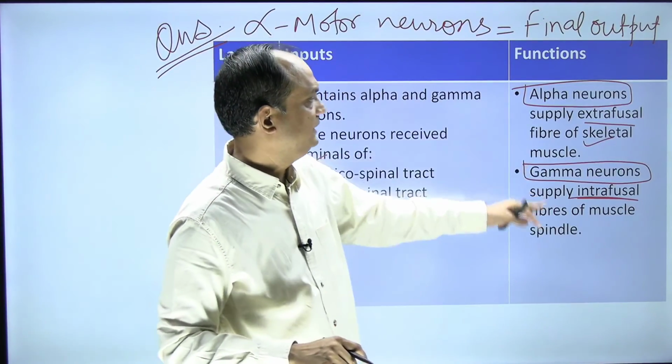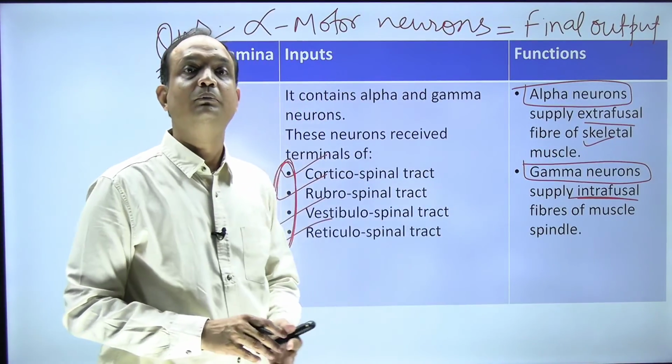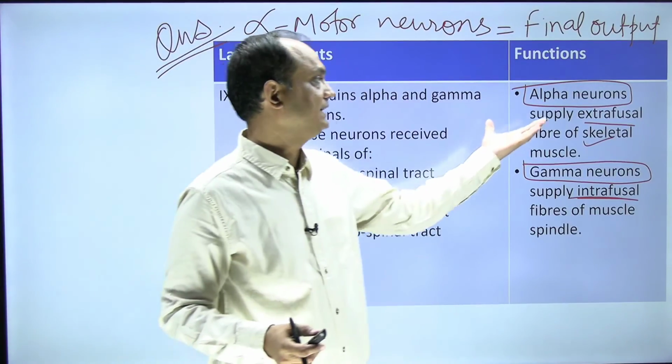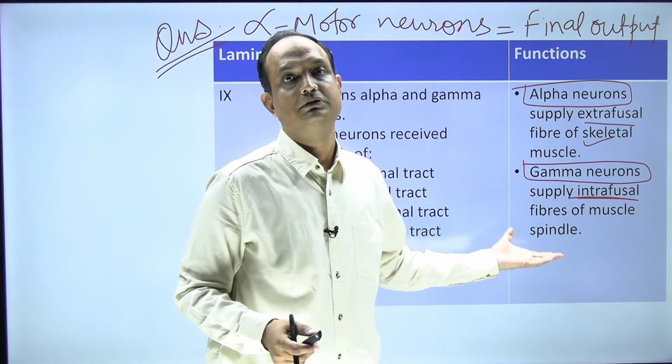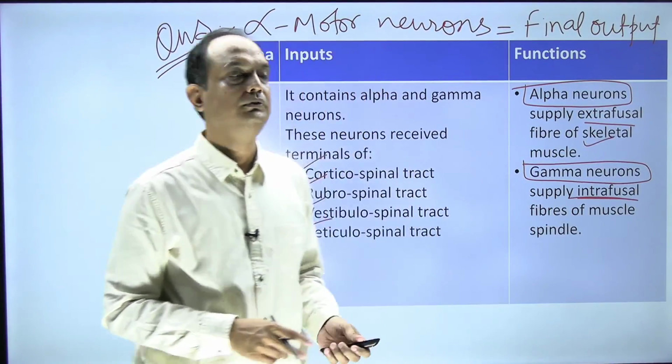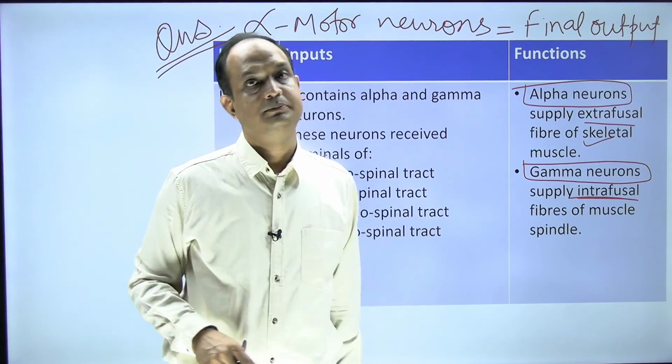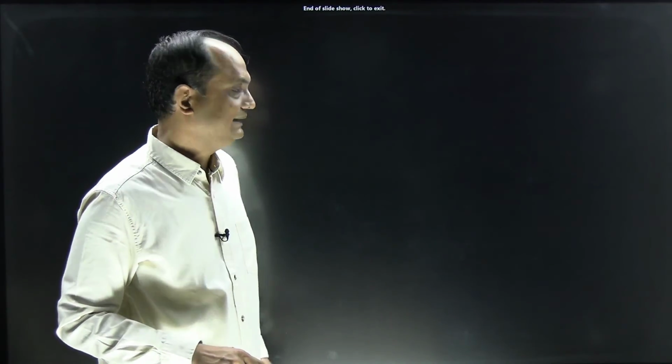This question has been asked so many times: alpha motor neuron supplies which part? Answer is extrafusal. And gamma motor neuron supplies which part? Answer is intrafusal fibers of the muscle spindle. Clear? So now at the end of this session, what are we able to understand?